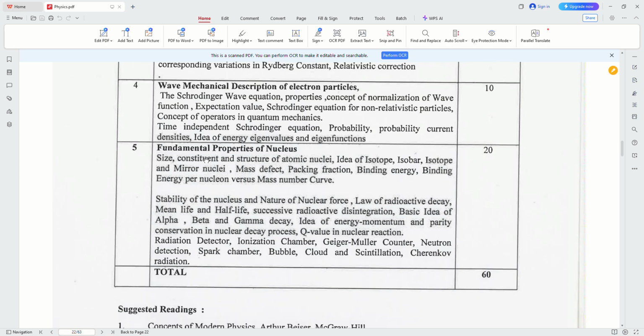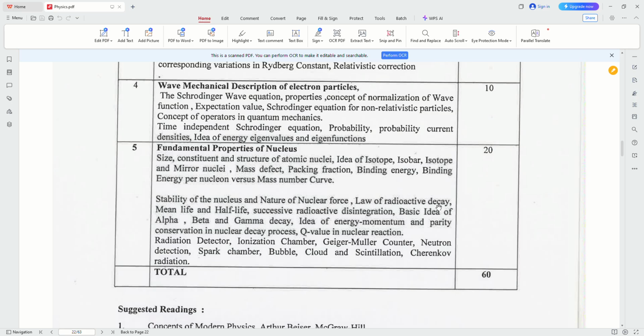Unit 5. Fundamental properties of nucleus, size, constituents and structure of atomic nuclei. Idea of isotopes, isobars, isotones and mirror nuclei. Mass defect, packing fraction and binding energy, binding energy per nucleon versus mass number curve, stability of the nucleus and nature of nuclear force.